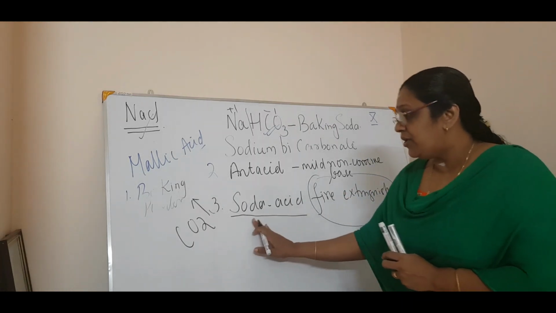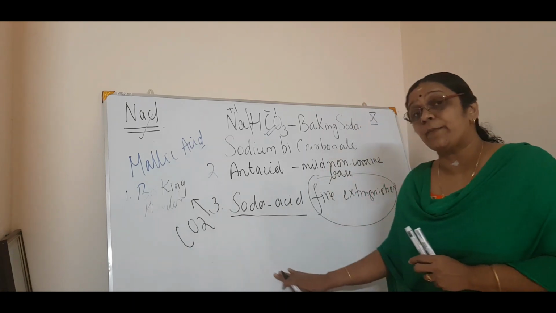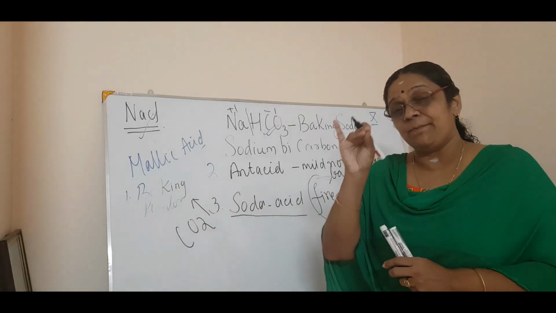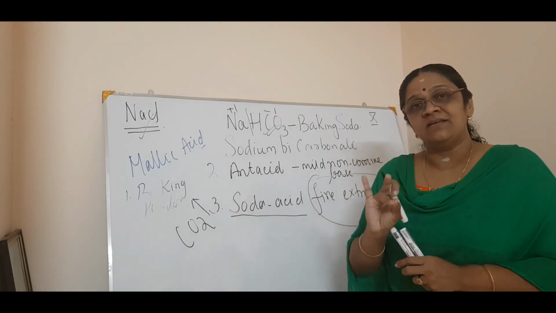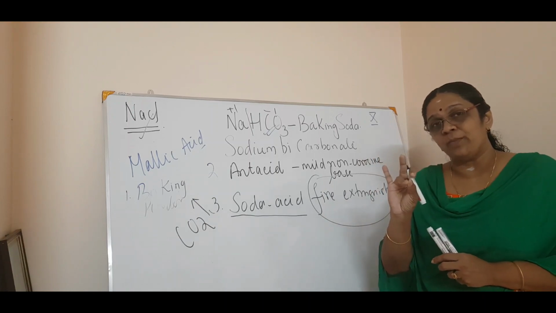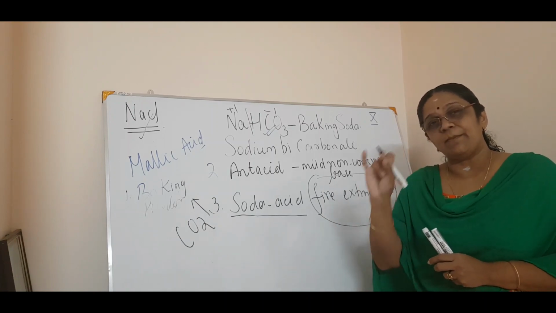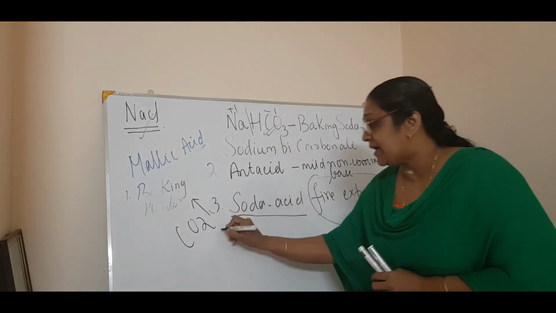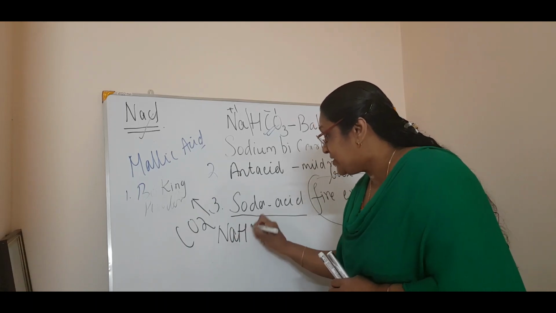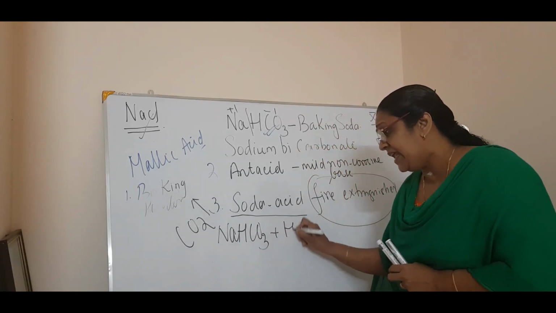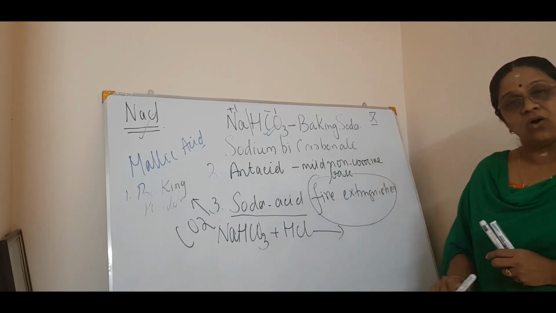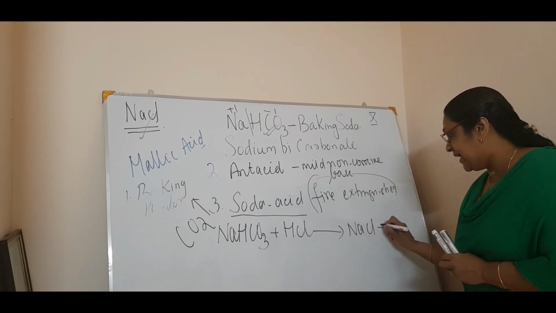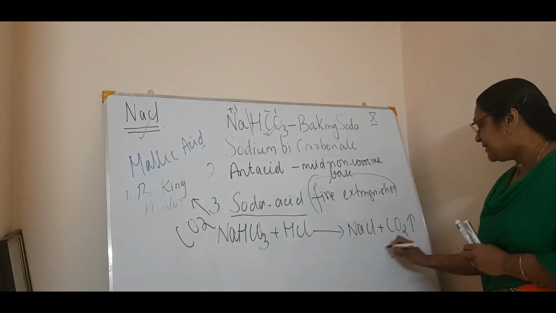Now when you go back to the chapter metals and non-metals, there you have studied: when metal carbonates or metal bicarbonates react with acid, what was the product formed? The product is salt plus carbon dioxide plus water, isn't it? When sodium bicarbonate is treated with any acid, whether it is HCl or dilute H2SO4, you will get the salt NaCl along with carbon dioxide gas plus water.